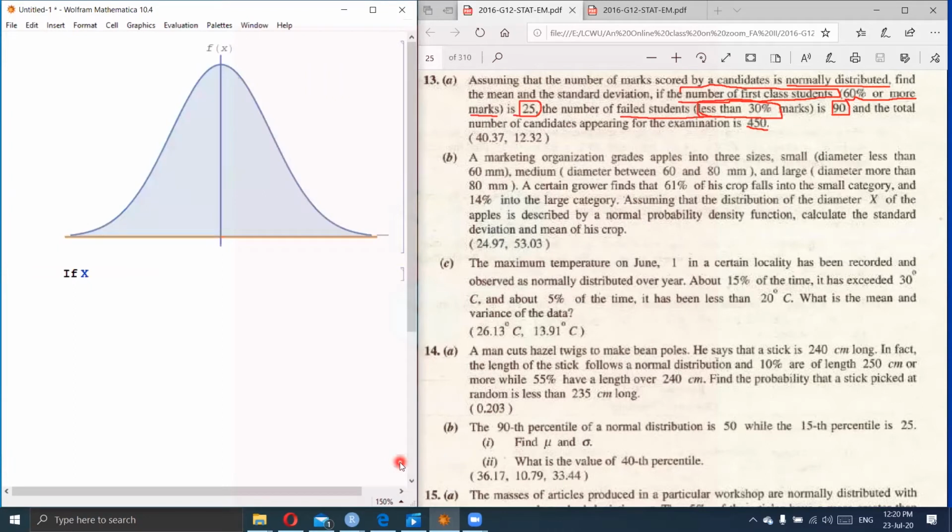now we will write x is normally distributed with mean mu and variance sigma square. The variable is marks of the students.